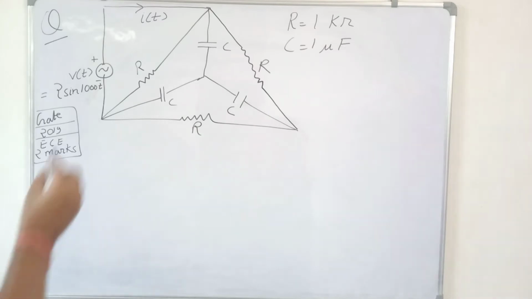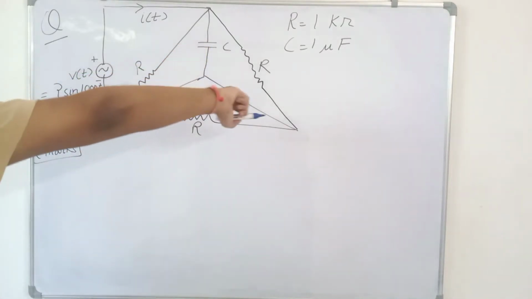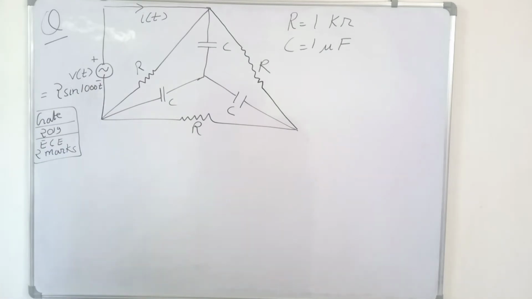So first what we do is we convert this inner capacitor network, which is in star, to delta.